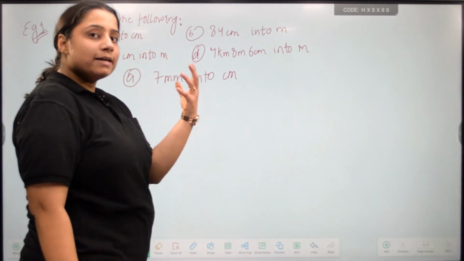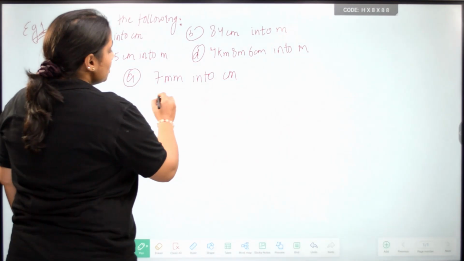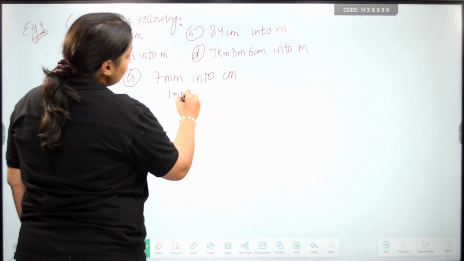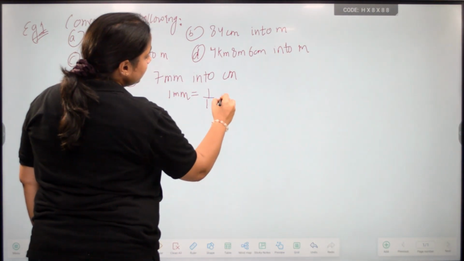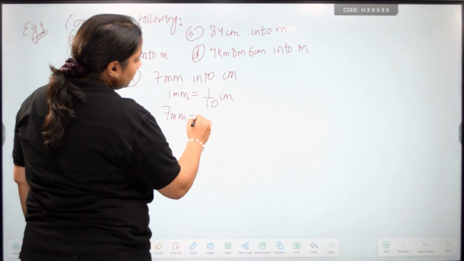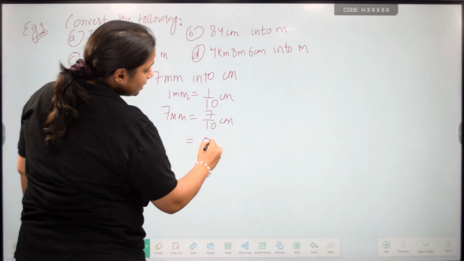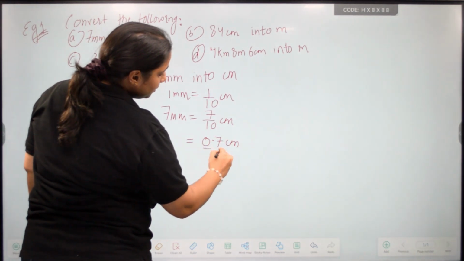We know that 1 centimeter is equal to 10 millimeter. Therefore, 1 millimeter will be equal to 1 by 10 centimeters. So 7 millimeter will be equal to 7 by 10 centimeter, which makes it 0.7 centimeter.